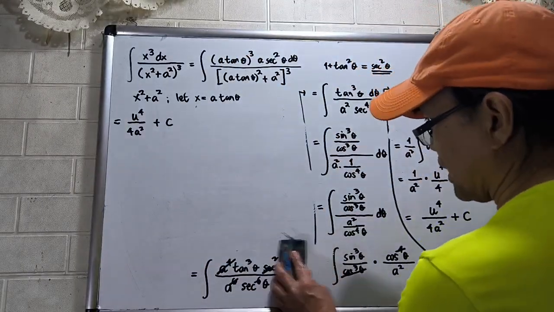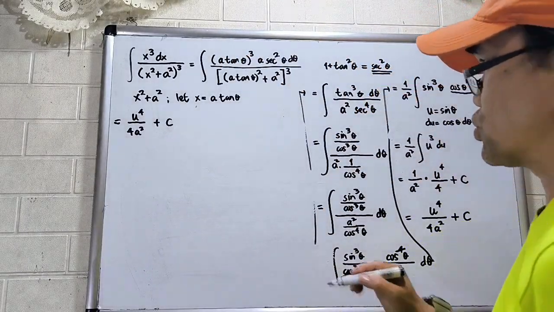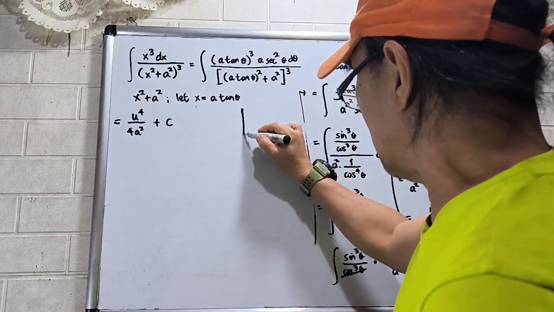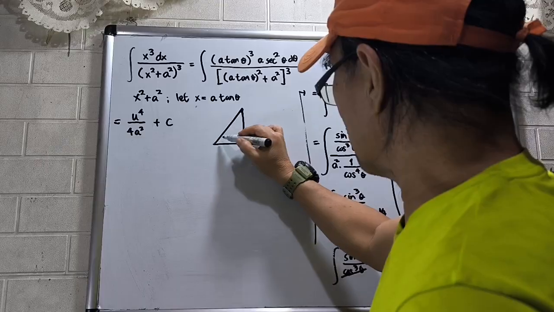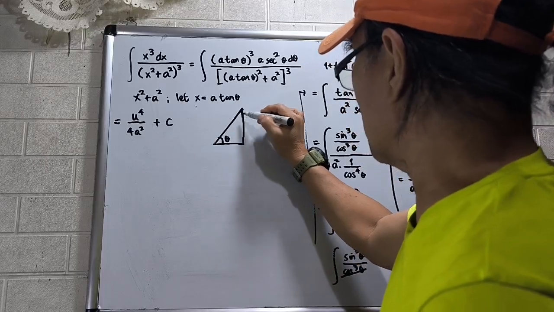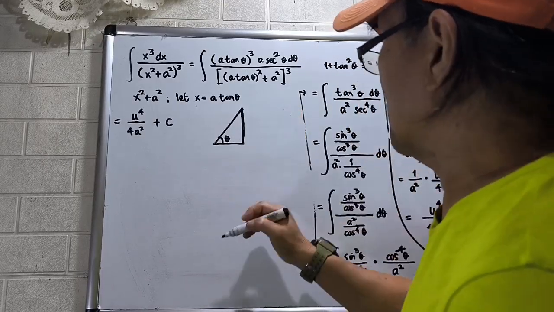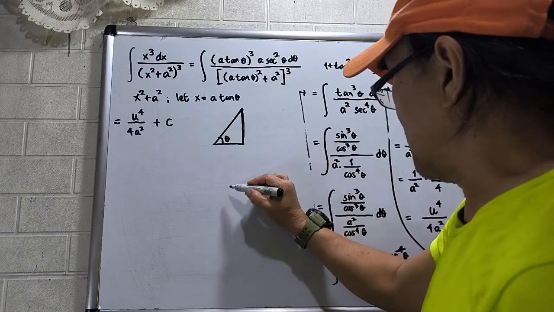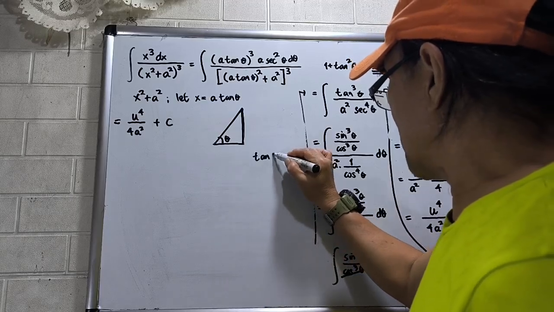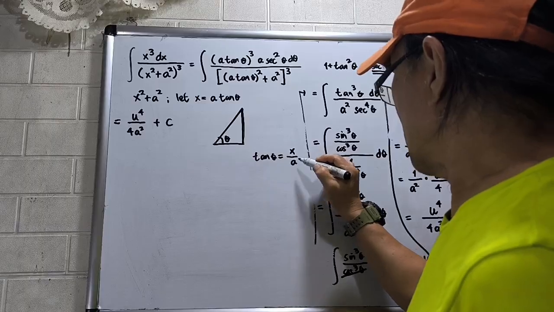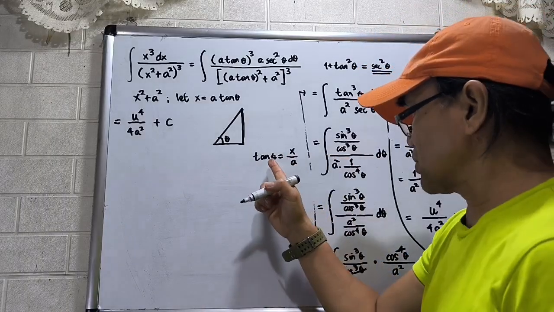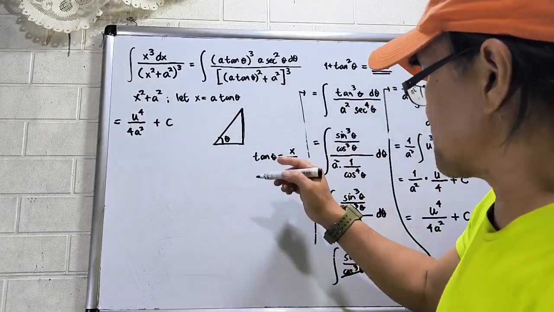Then let's go back to the trigonometric substitution. So I need to draw a right triangle. So this will be theta. So tangent theta is equal to x over a. So when you say x over a, the ratio is opposite over adjacent.